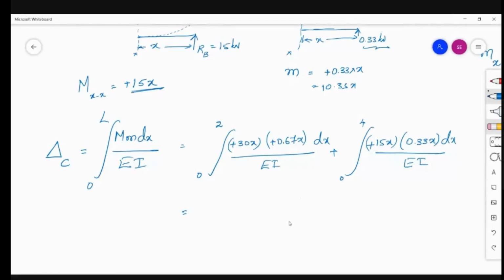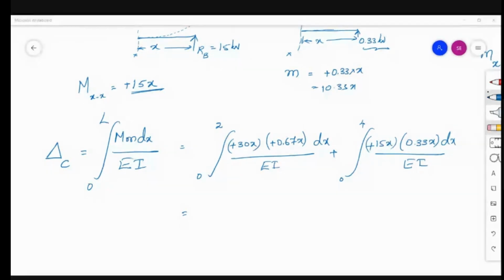All units are in kilonewtons and meters. So whatever distance or deflection you are getting, that is in meters, and you can convert it into millimeters also. Yes, Akshay, you have given an answer as 0.0214. Is it correct for everyone?